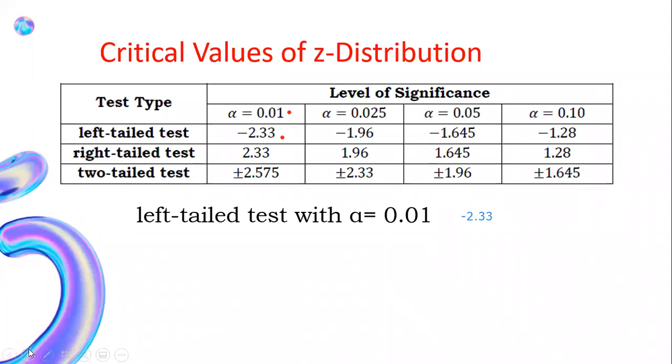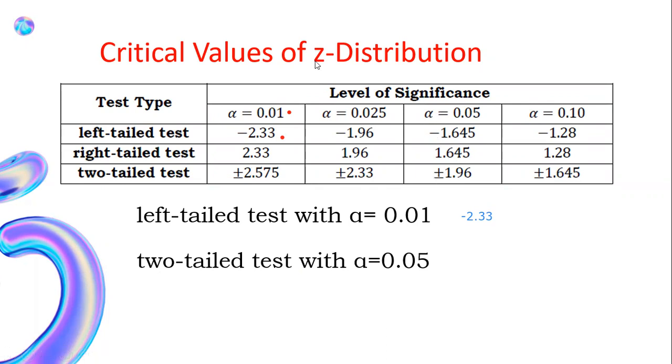For the next example, say we have a two-tailed test with the level of significance at 0.05. At 0.05, look at the two-tailed test and its intersection with the 0.05 level of significance.